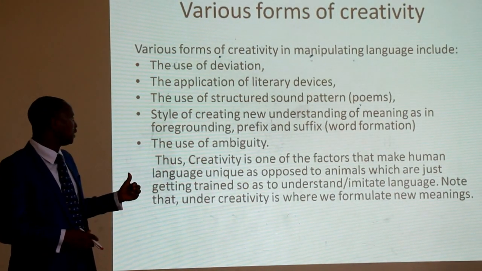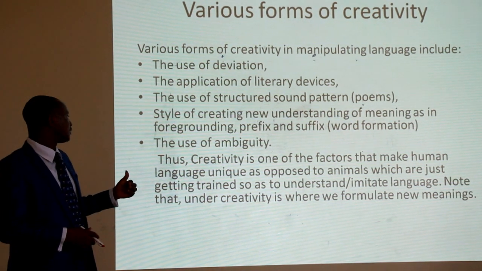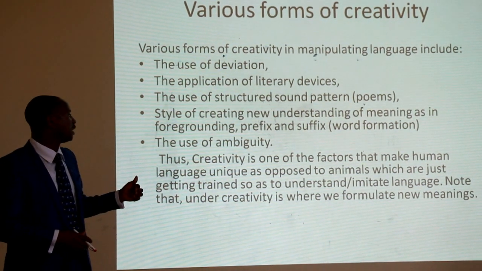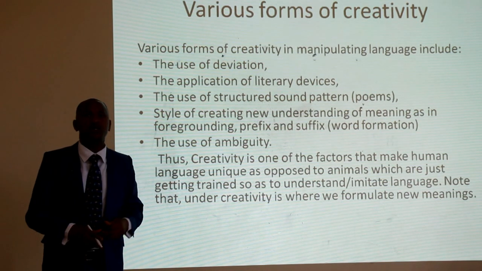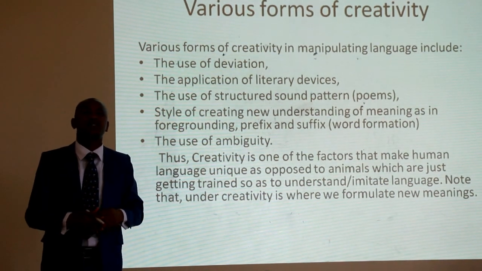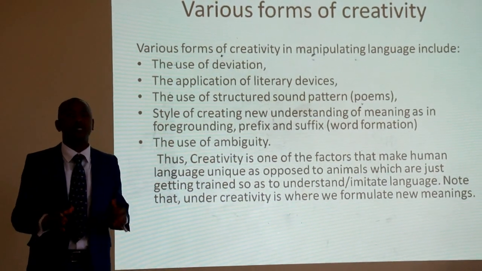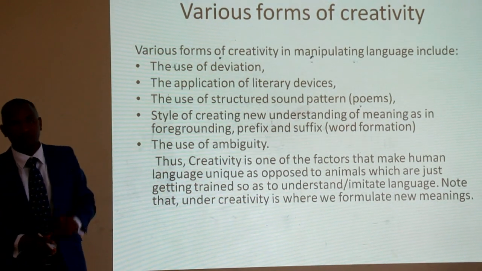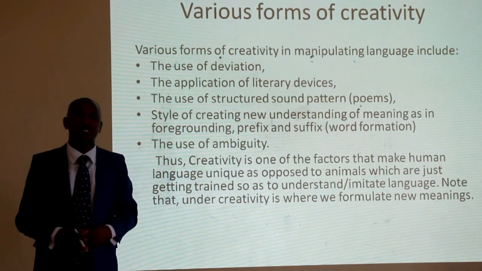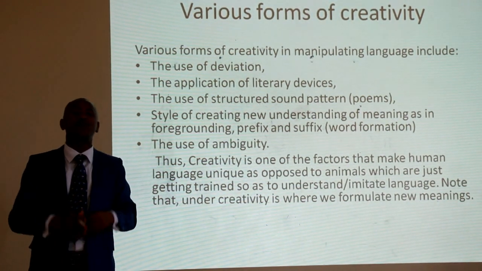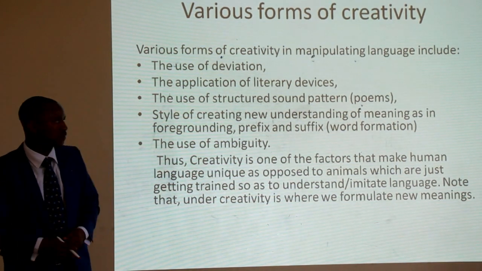Thus, creativity is one of the factors that make human language unique as opposed to animals, which are just getting trained so as to understand or imitate language. Note that under creativity is where we formulate new meanings.